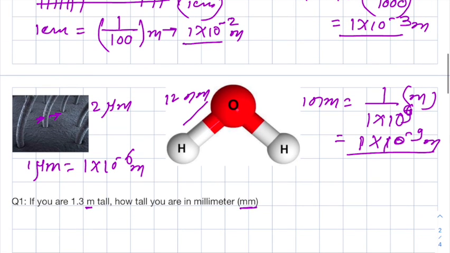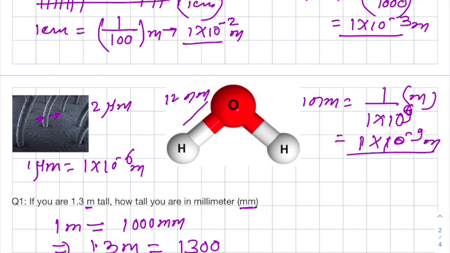From this relation, 1 meter is 1000 millimeter. So the answer: 1.3 meter equals 1300 millimeter.